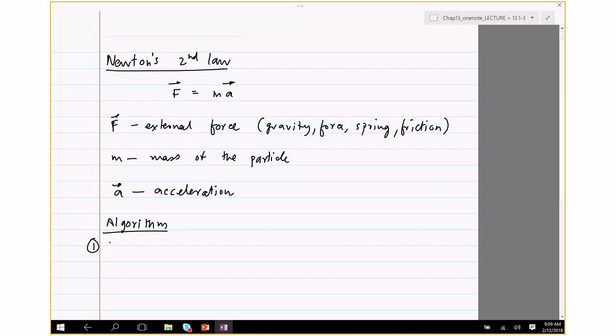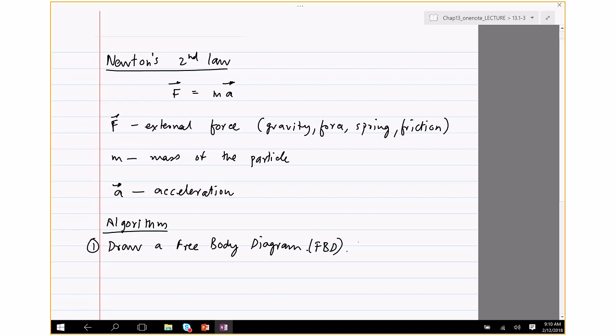So first step is draw a free body diagram. Okay, always do that because we always give partial credit for the free body diagram. Okay, and I'll talk about what is a free body diagram. So this is actually a pictorial representation of all the forces. We'll just abbreviate free body diagram as FBD, and I'll just say FBD henceforth.